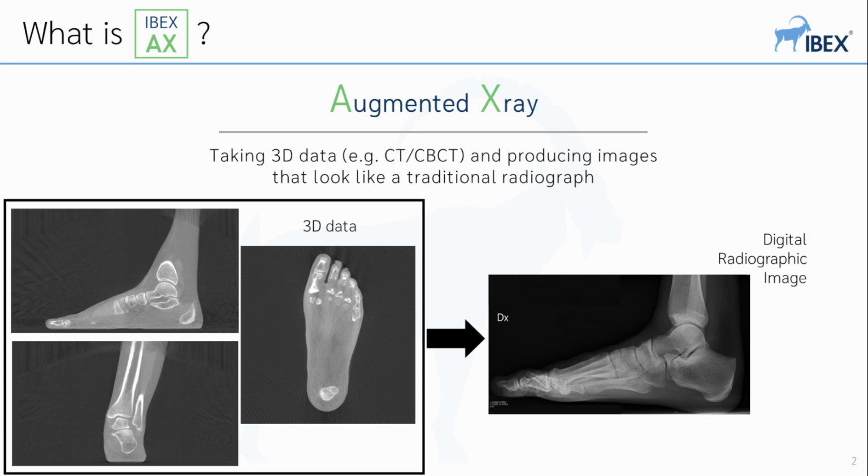So as you see here on the left, I've represented the 3D volumetric CBCT data of a foot as a series of 2D slices through the patient along 3 different axes. And the idea is to try and use this data to produce an image which looks something like this image on the right, which is a genuine digital radiographic image, or DR, of a foot. We call images produced in this way AX images.